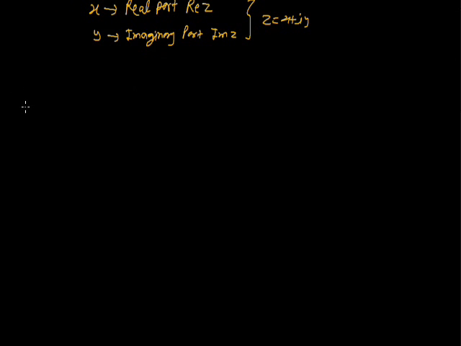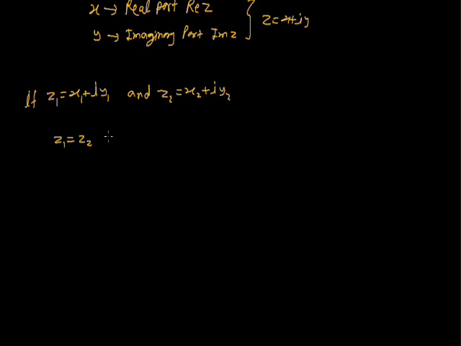Now if z1 is equal to x1 plus iota y1 and z2 is equal to x2 plus iota y2, then z1 is equal to z2 if and only if x1 is equal to x2 and y1 is equal to y2.